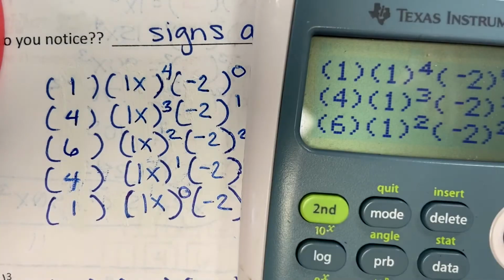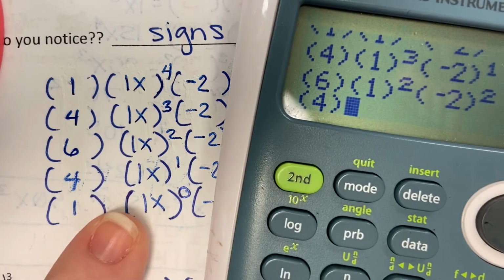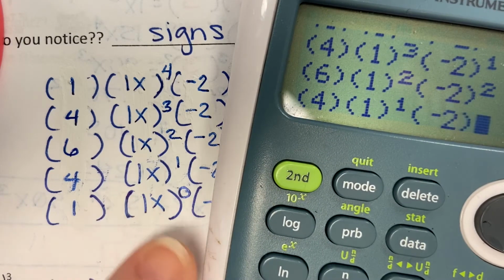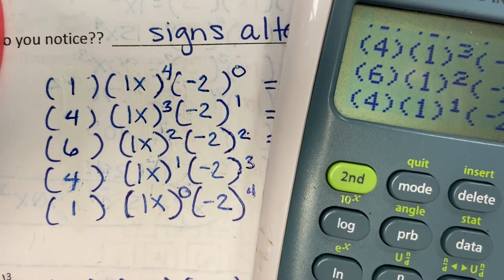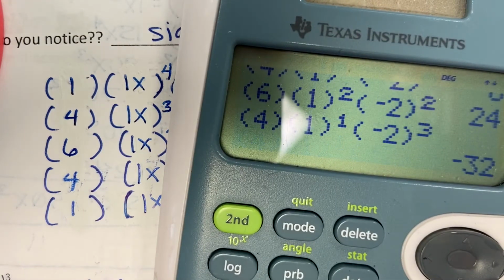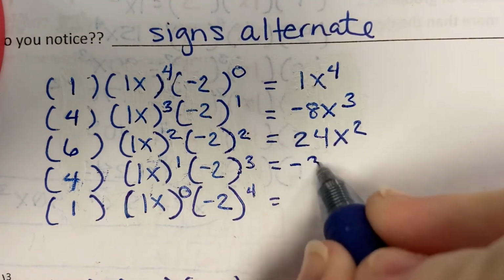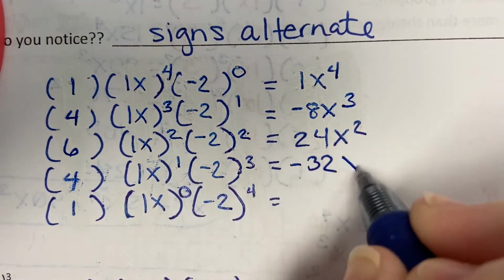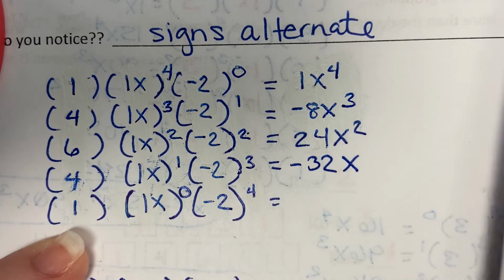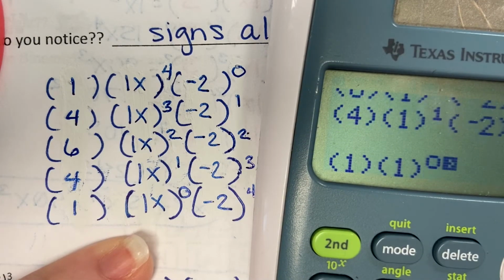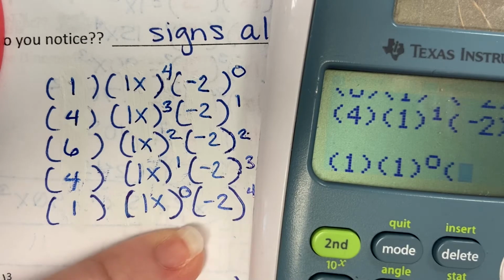Do it again with the 4. 1 to the 1st power, negative 2 to the 3rd power. And then I get negative 32 x. And then this last one, I would have the 1, a 1 to the 0, and then a negative 2 to the 4th power.